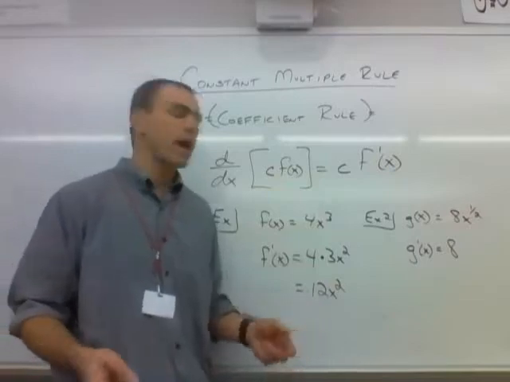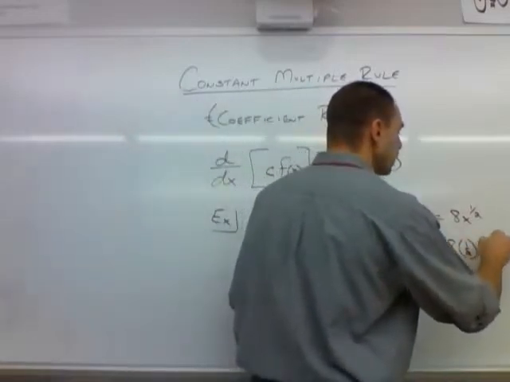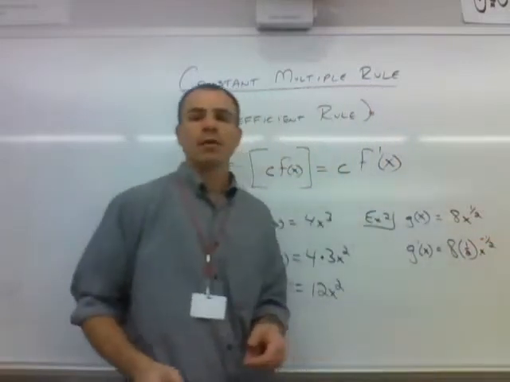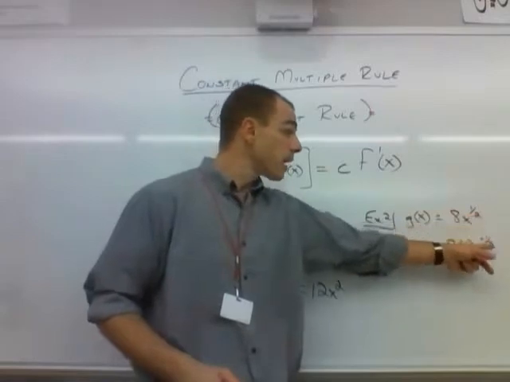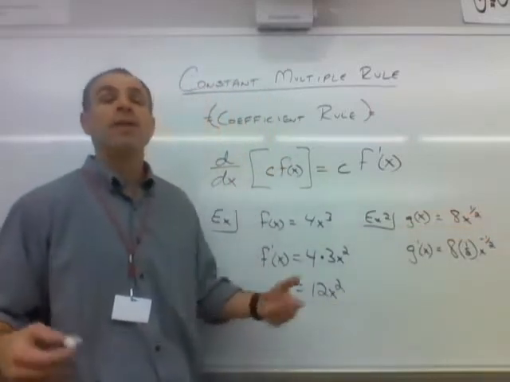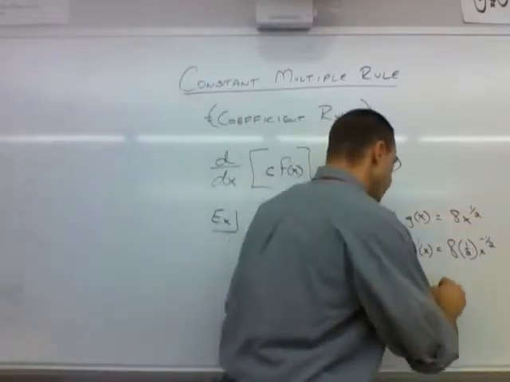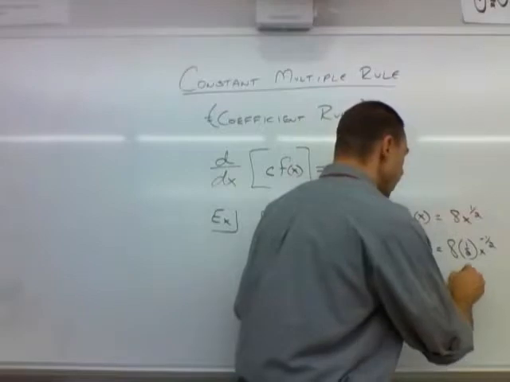We've done x to the 1/2 already. We know that we'll have 1/2, and then x to the negative 1/2 by using the power rule. The 1/2 comes out front, and then we subtract 1 from the exponent to get negative 1/2. Can we combine the 8 and the 1/2? Absolutely. So we're looking at a final answer for our derivative of 4x to the negative 1/2.